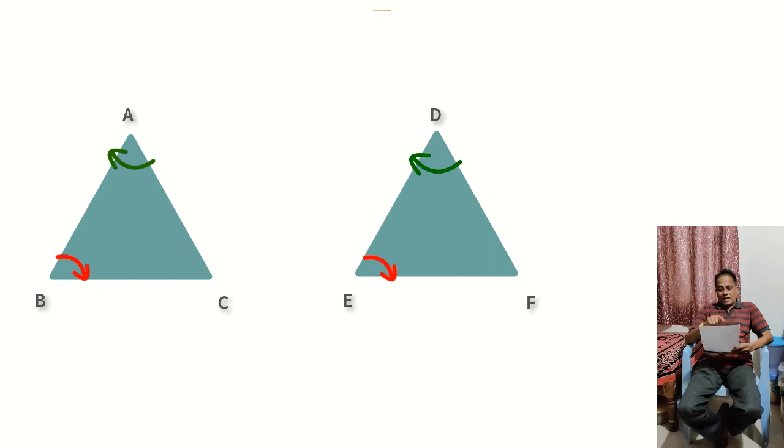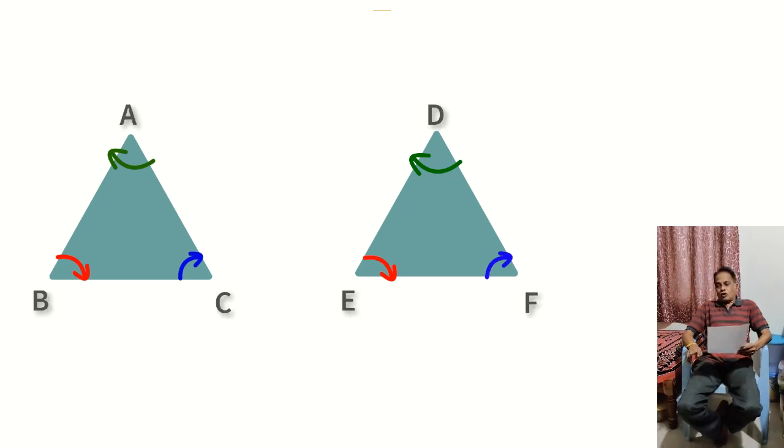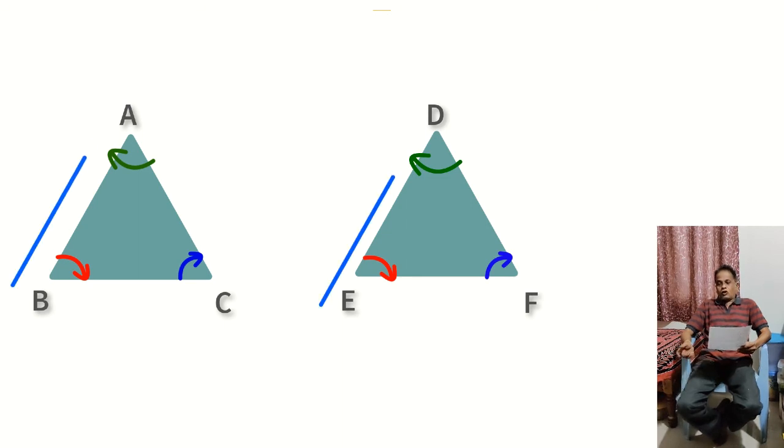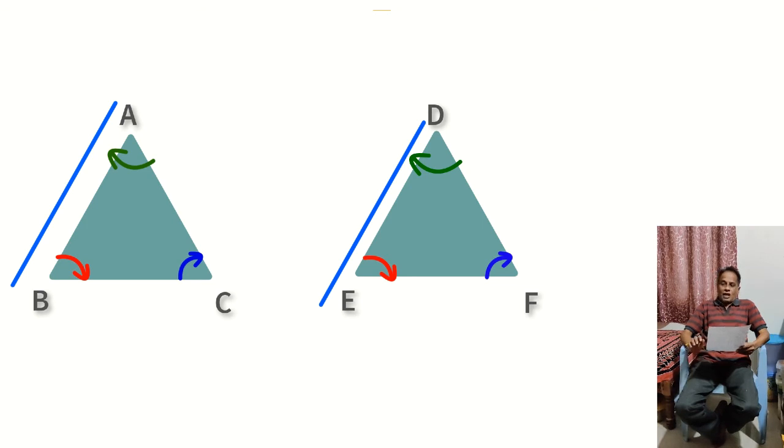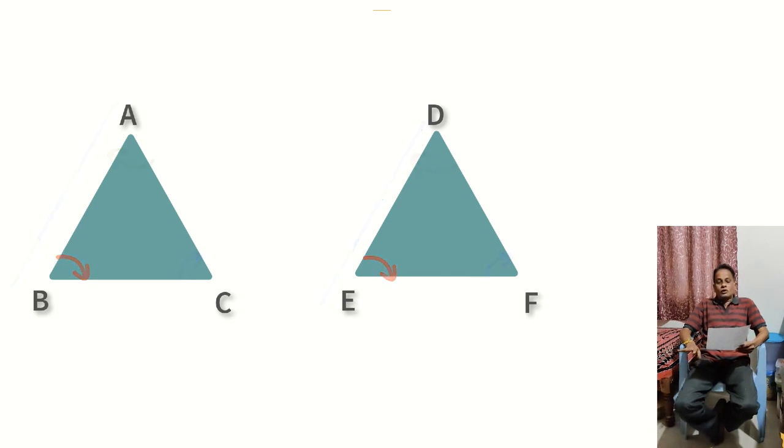Similarly, angle ACB is congruent to angle DFE. So we can now conclude that when the vertices are congruent to each other in these 2 triangles, when the sides are congruent to one another correspondingly, when the angles are congruent to one another correspondingly, then we conclude that triangle ABC is congruent to triangle DEF.